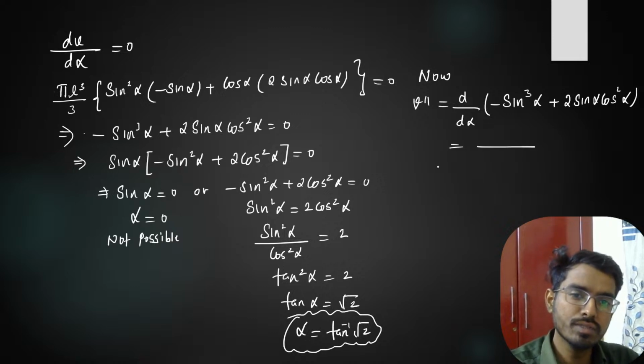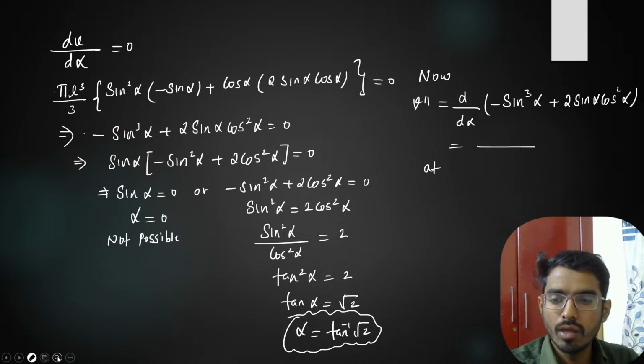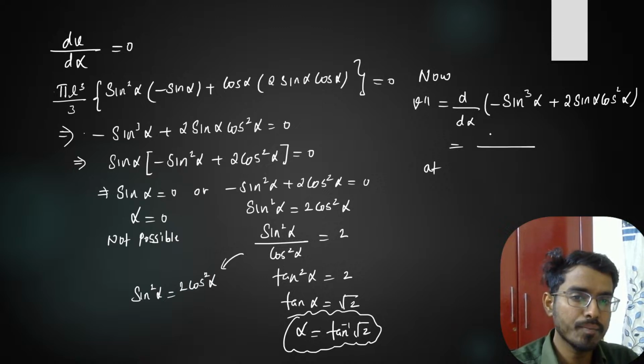You differentiate this to show that, and whenever you see sine square alpha, you substitute 2 cos square alpha here, right?